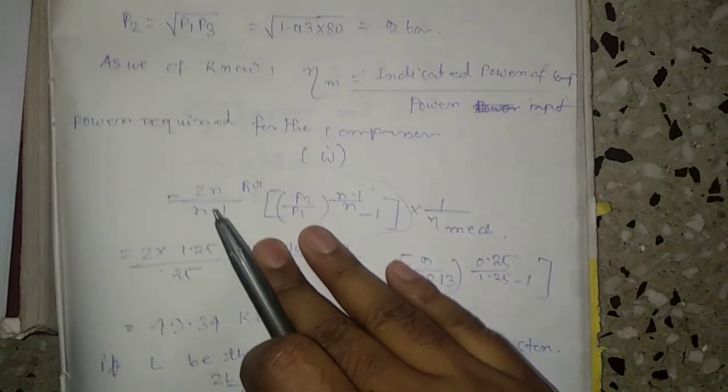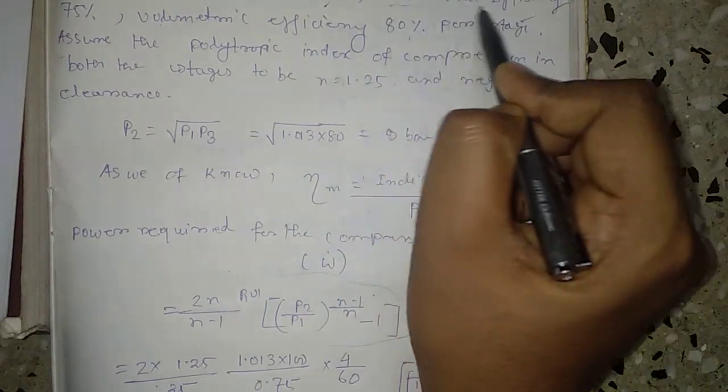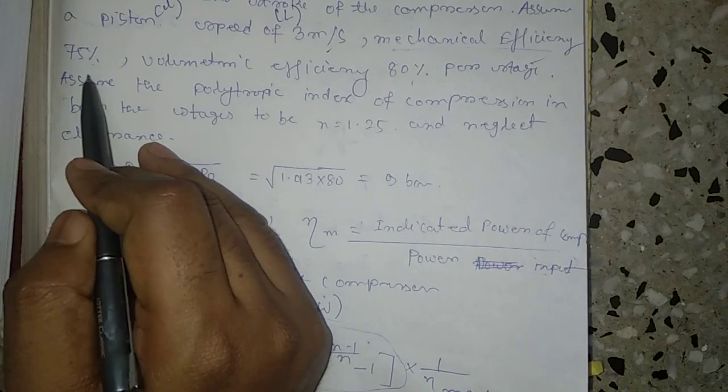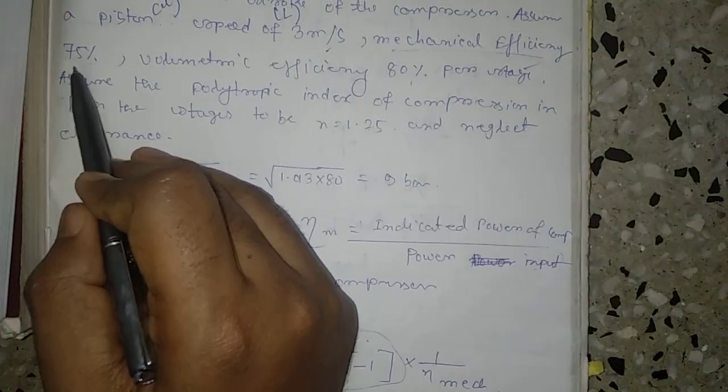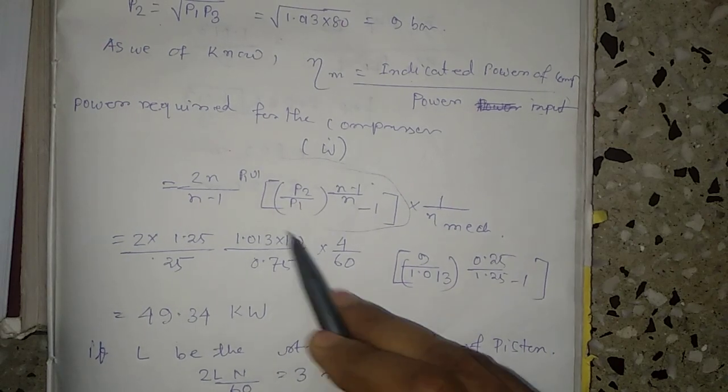What is 0.75? Because the mechanical efficiency is given as 75%. So this is divided by 0.75, times V1.